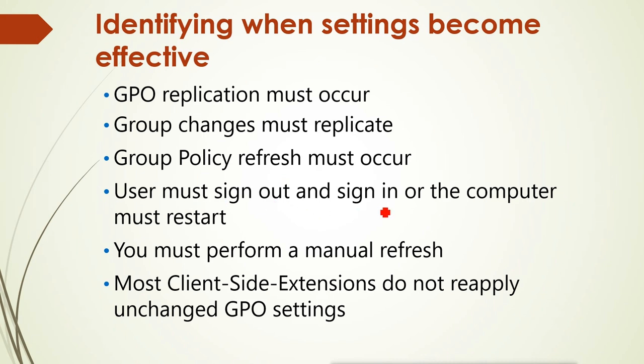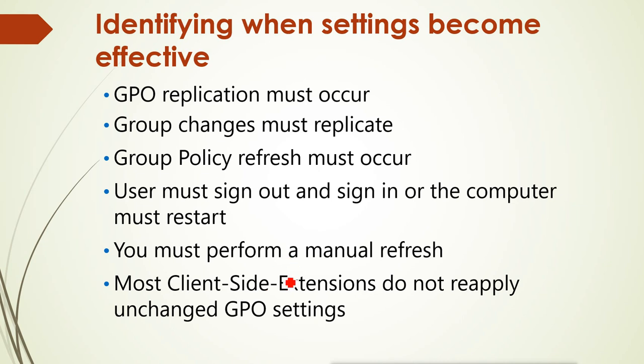So if the policies are not applying properly, you have to refresh the policies: sign out and sign in, or even restart. You must perform a manual refresh, because most client-side extensions do not reapply unchanged GPO settings. So if the GPO settings have not changed, they will not be reapplied.